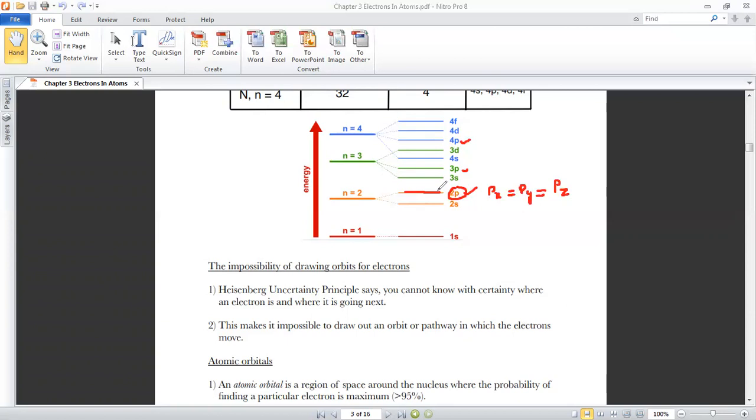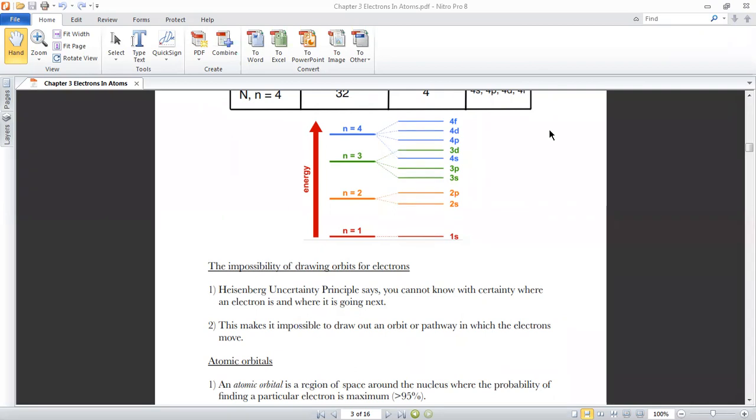So if the electrons are going into the p subshell, there will be equal energy orbitals available. How electrons will go into that, we will study according to the Pauli exclusion principle and Hund's rule. But all three orbitals of the p subshell, px, py, pz, have different orientations in space.